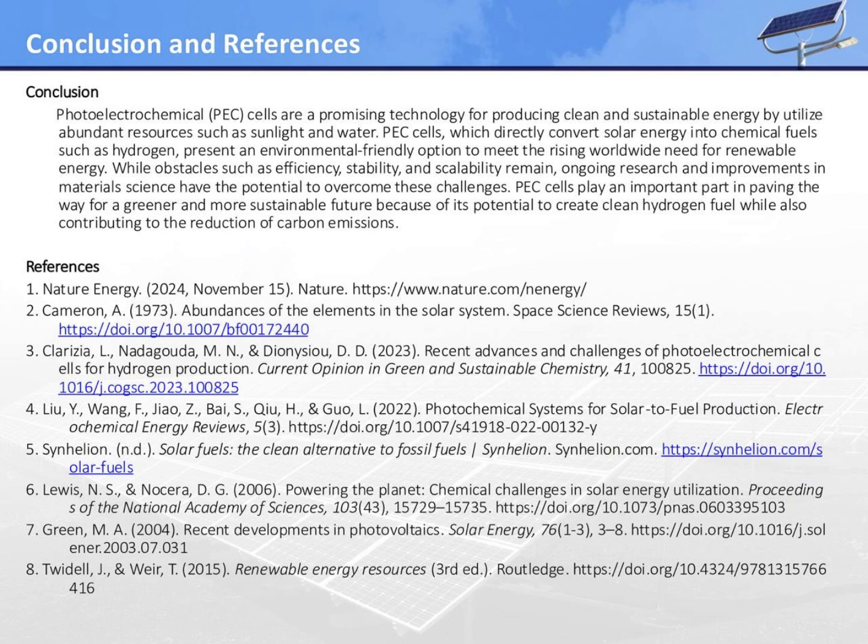While challenges such as efficiency, stability, and scalability remain, ongoing research and advancements in material science hold the potential to address these issues. Importantly, PEC cells pave the way for a greener future, contributing to carbon emission reductions and enabling the production of clean hydrogen fuel.